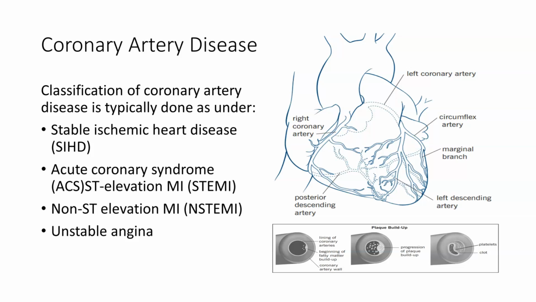And then these two other categories underneath ACS, which are going to be your STEMI, ST elevated myocardial infarction, and a non-ST elevated myocardial infarction, NSTEMI, and also unstable angina. All of these are accumulating into the fact that probably your client is going to end up having ischemia. Remember, that's the main cause of this chest pain, to actual injury, and that's when they have a heart attack.